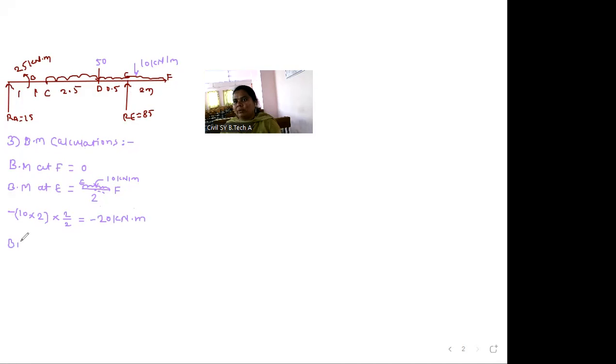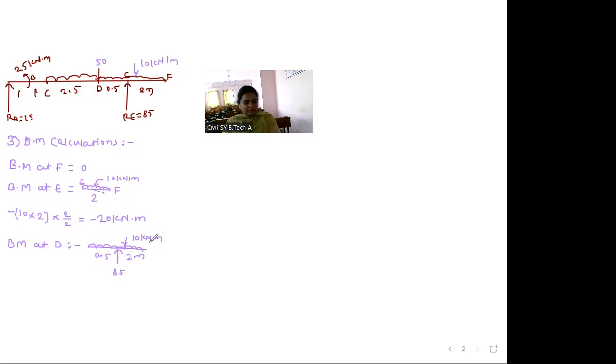After that we will calculate bending moment at this D point. So bending moment at D. Okay, I will draw span here. Here 85 kilonewton. This is 2 meter and this is 0.5, and this is 10 kilonewton per meter.